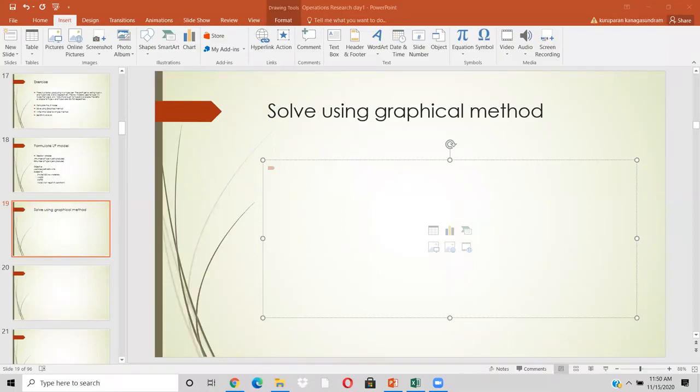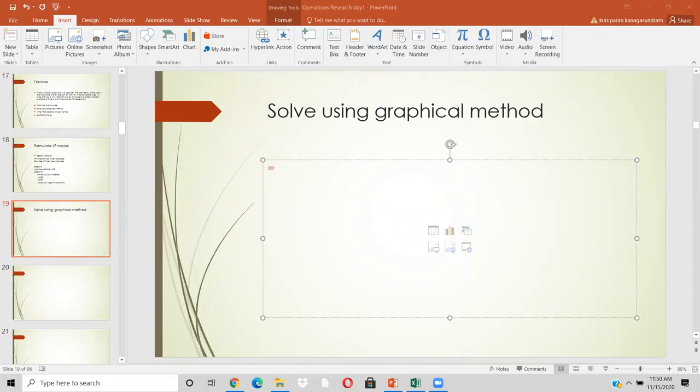Since it's given as a linear programming model, we can do it, or is there anything else?